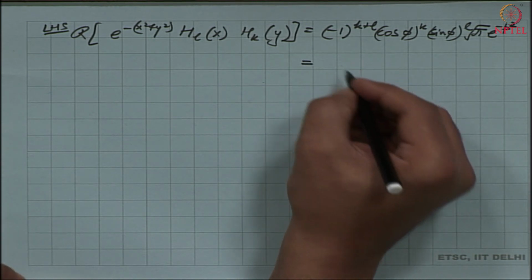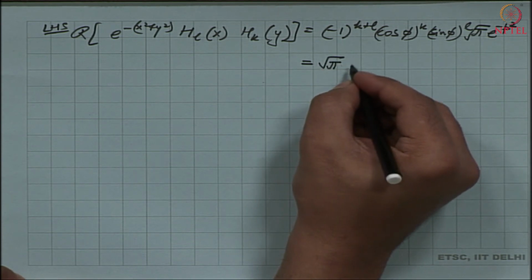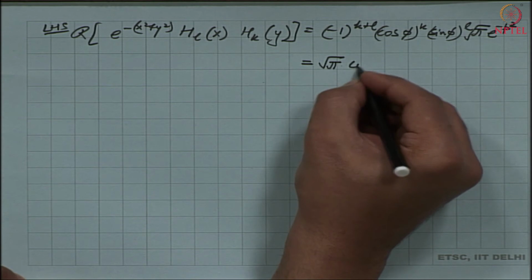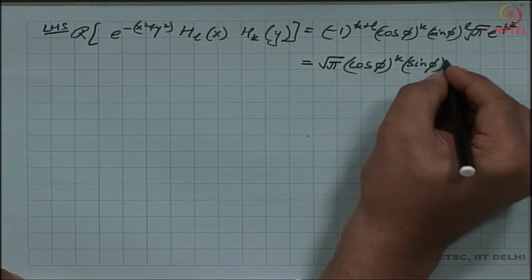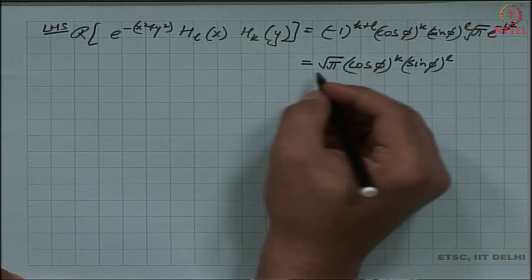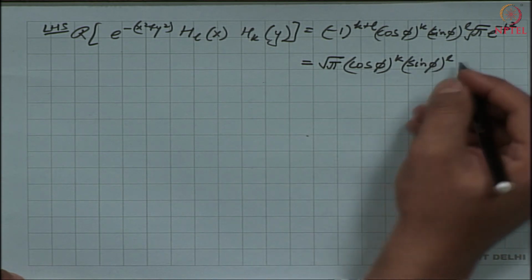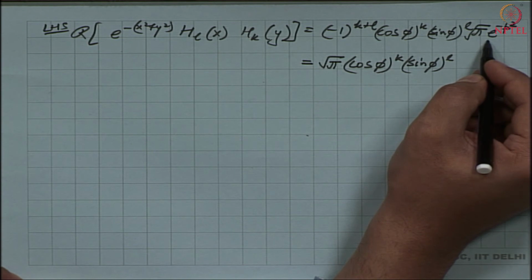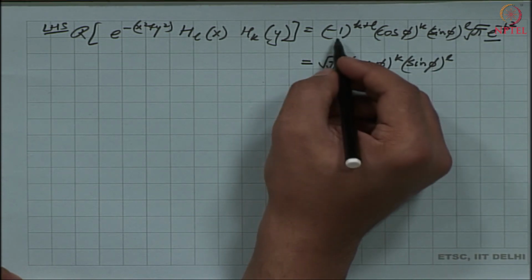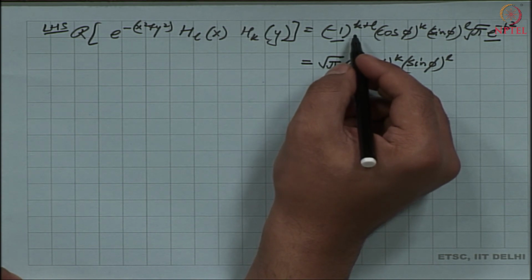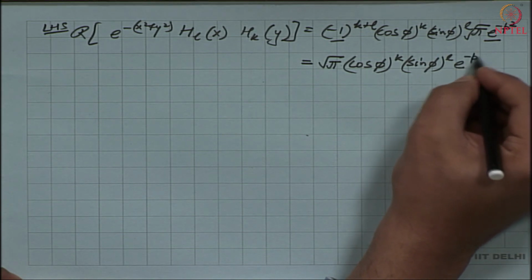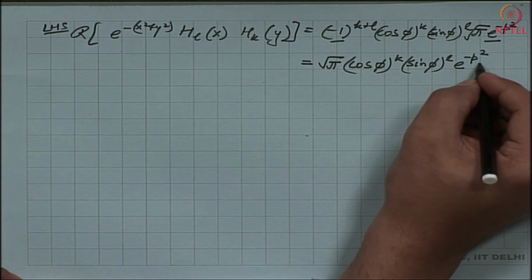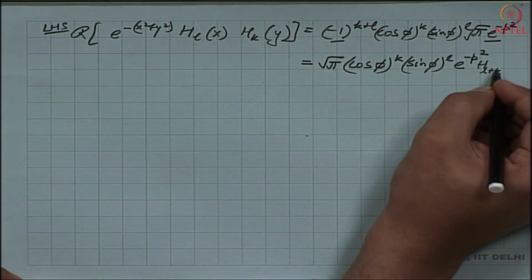We see that this is also square root of pi cos phi to the power k, sin phi to the power L, and what I am left with is the factor e to the power minus p square times minus 1 to the power k plus L. So, this one will be nothing but, using my expression 1, equal to e to the power negative p square times the Hermite polynomial of order k plus L evaluated at the expression p.